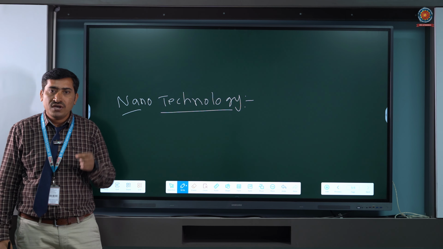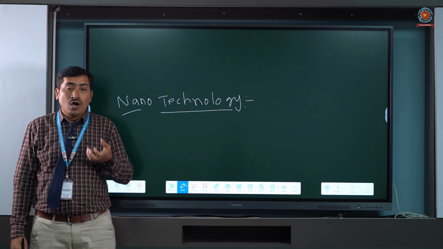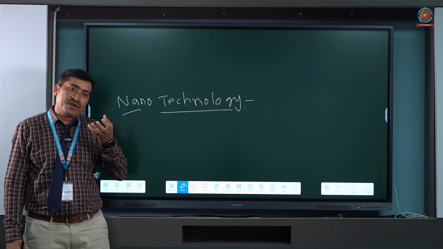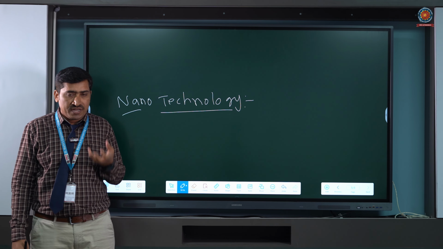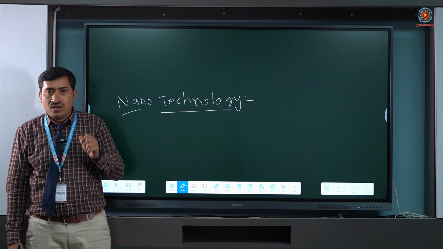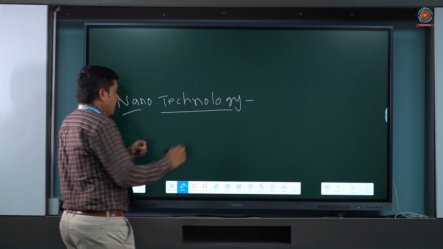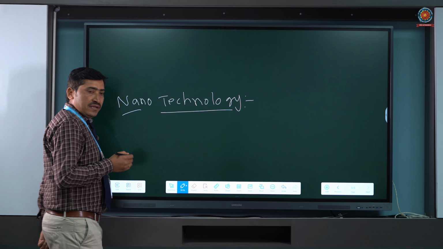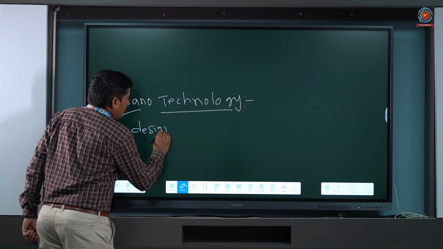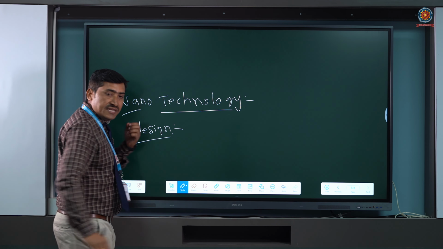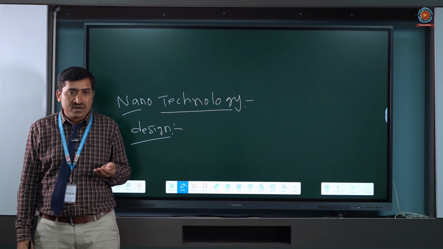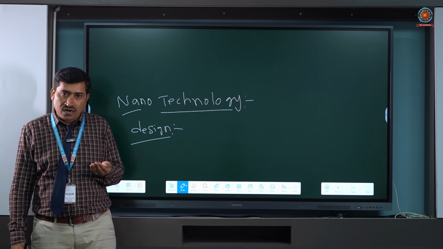We use nanotechnology to prepare our sample: we take any raw material or object and convert it to nano level. That is called nanotechnology. Next is design. Design means we design a sample at nano level, such as nanorods and nanotubes.